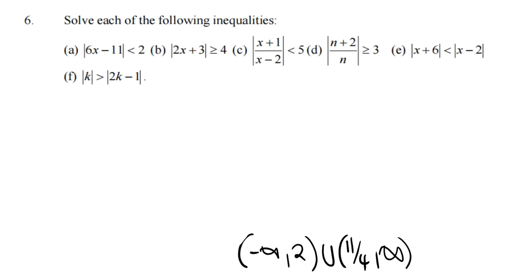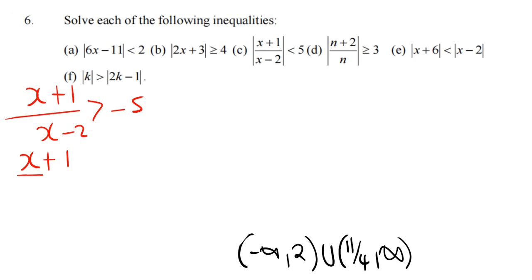Then for the second part, it's x plus 1 over x minus 2. We said the sign is going to flip on the other side, then we are going to have a negative. Then now we solve this part, x plus 1 over x minus 2. The 5 comes to the other side, it's going to be plus 5.